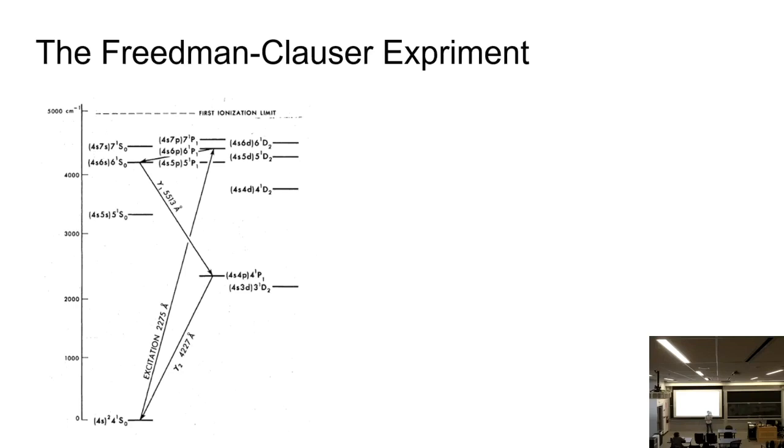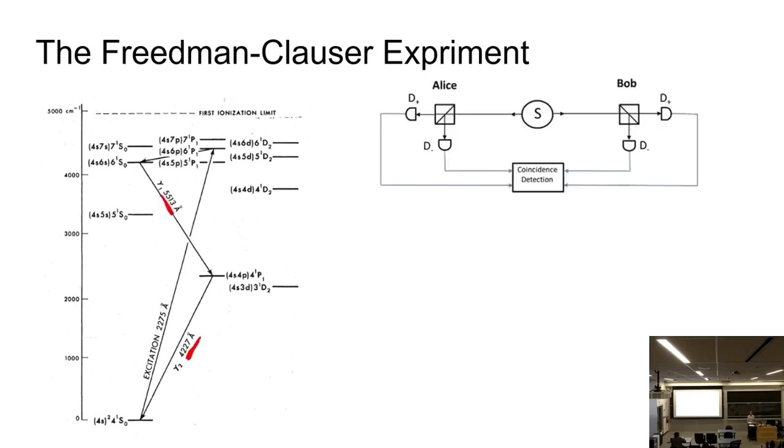And that excitation results in the generation of two photons. One of those photons has a wavelength of 551 nanometers, and the other has a wavelength of 422 nanometers, and they have the same origin, and they kind of emerge in a cascade.